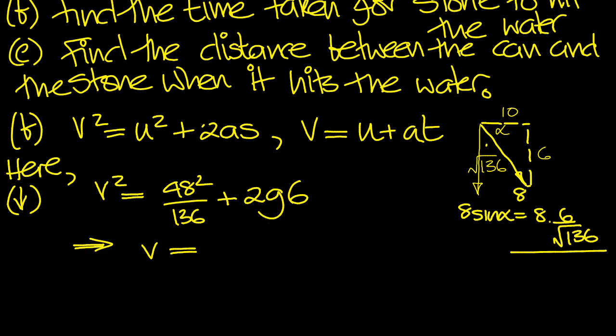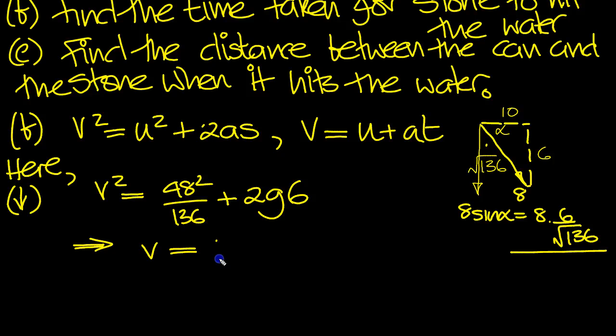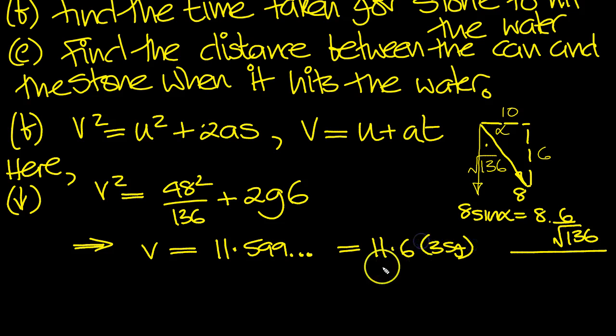We can tap this into the calculator: 48 squared divided by 136 plus 12 times 9.8, then square root this answer to get v, which is 11.599, or 11.6 to 3 significant figures. So there's our velocity.